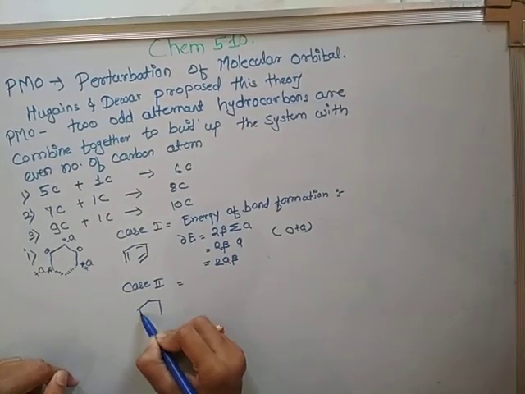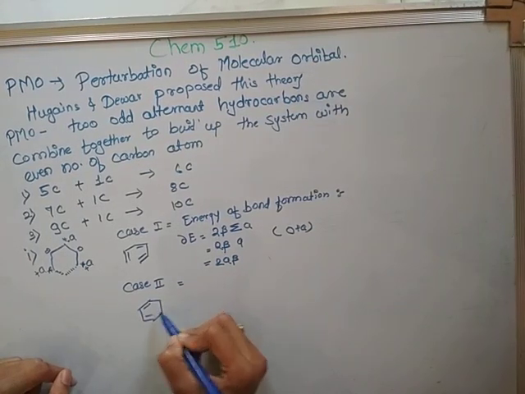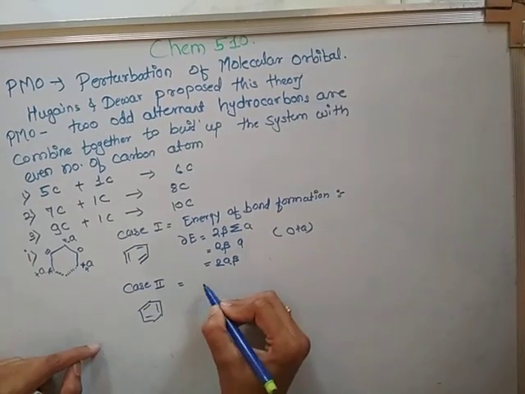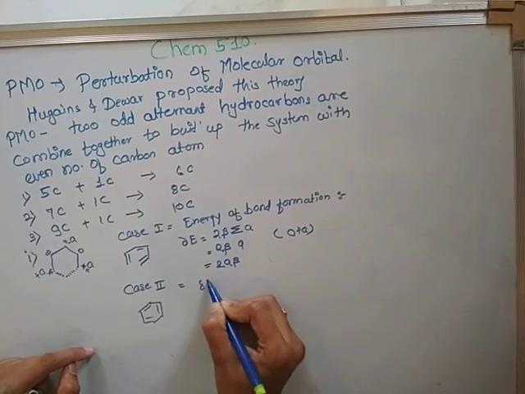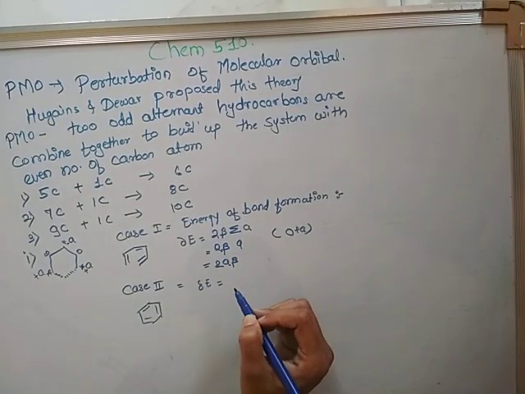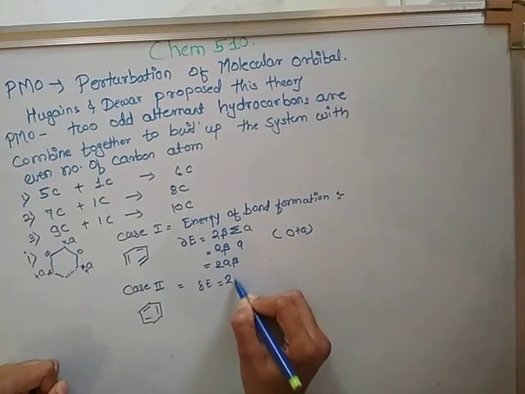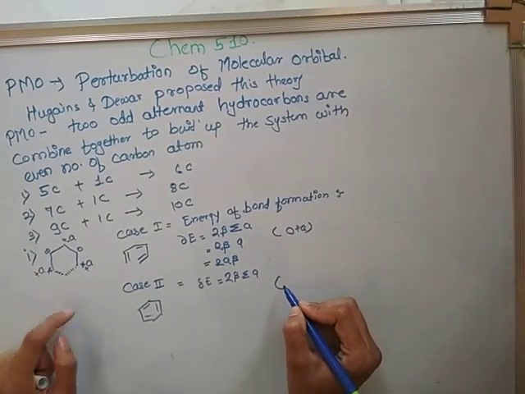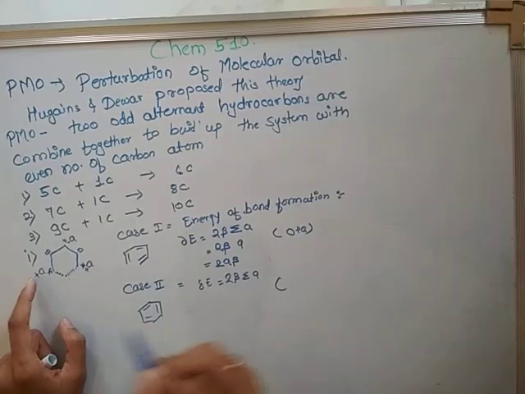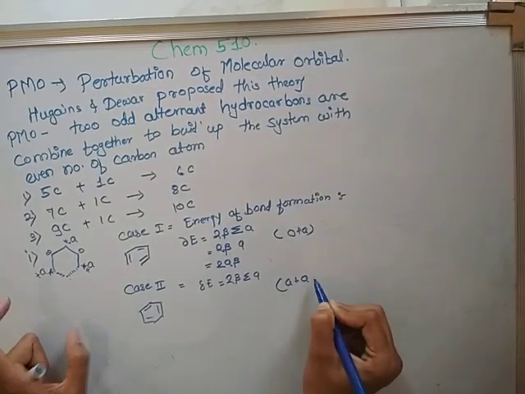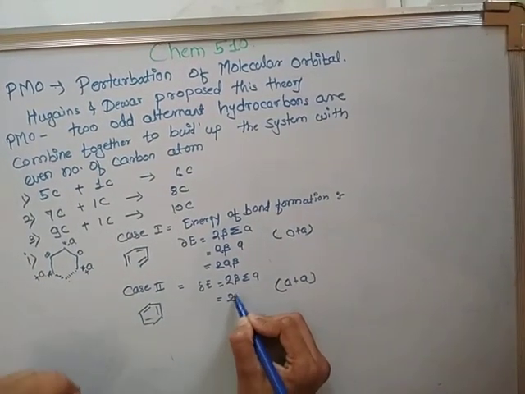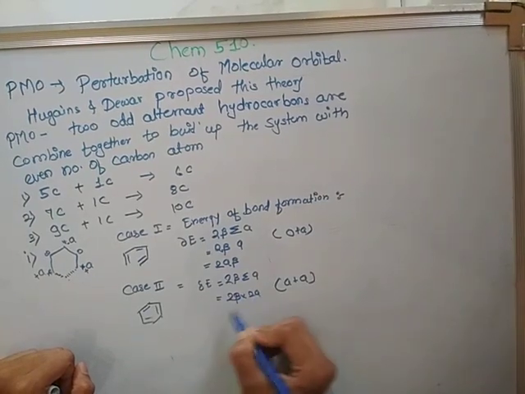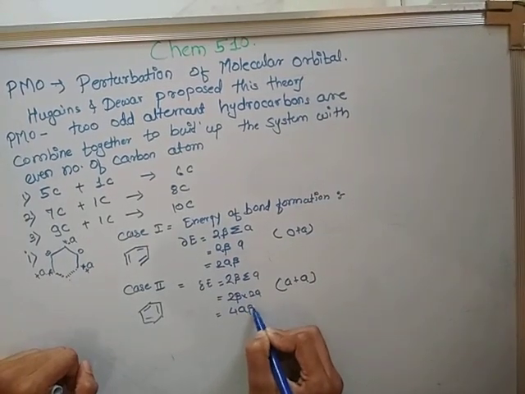So the structure of this is benzene. So delta E, meaning the energy of bond formation, is equal to 2 beta summation of A. Now here summation of A is plus A, plus A, plus A, which is 2A. So 2 beta into 2A is equal to 4A beta.